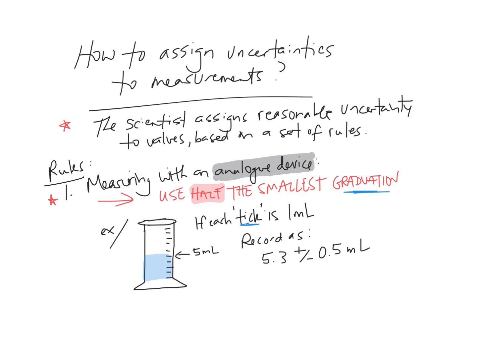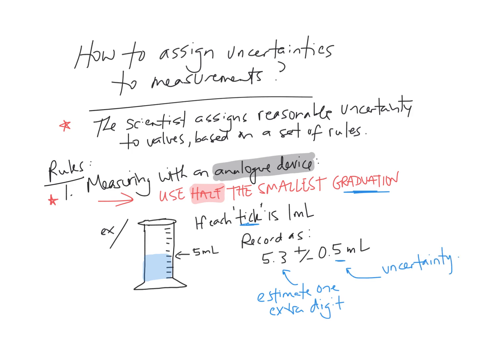And so you want to estimate this digit. You always estimate one more digit than the scale gives you. So you estimate that digit, and according to the rules of uncertainty, you assign an uncertainty of half the smallest graduation on the scale. Since it goes to 1 milliliter, you want to make sure you assign a half a milliliter uncertainty by default. So there's your uncertainty you put on it, following the rule.